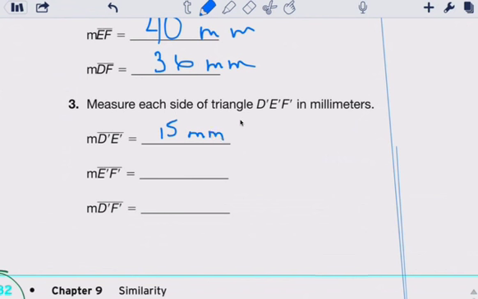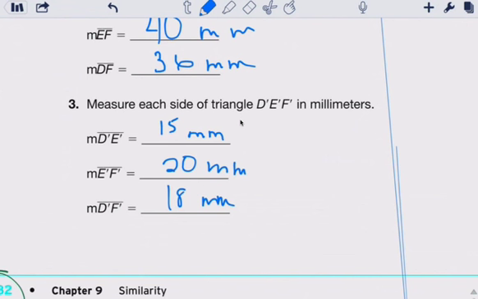This is 1.5, and then times 10, you get 15, okay? EF, measure EF, you should get 2, but times 10, you get 20. And the last, number 3, you should get about 1.8, and times it by 10, because it's millimeters, 18.